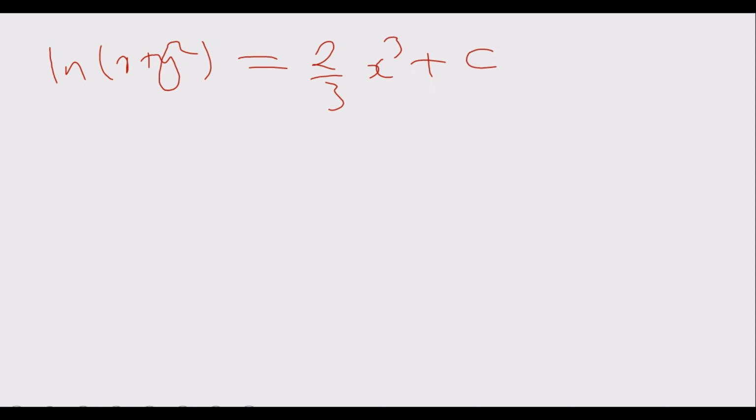Then we are looking to make y the subject of the formula. The only way we can do that is by introducing the exponential, which is the inverse of a natural log.